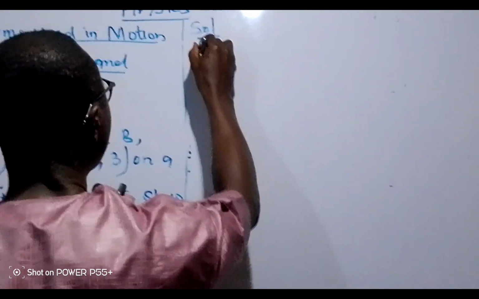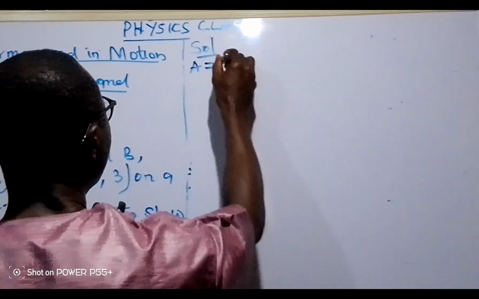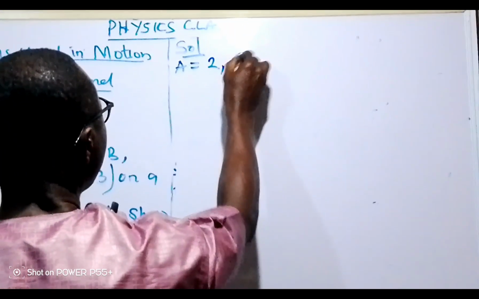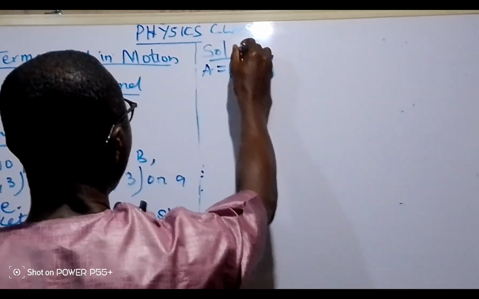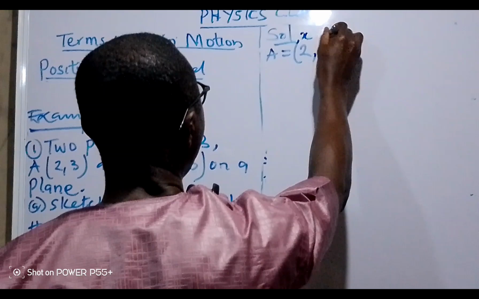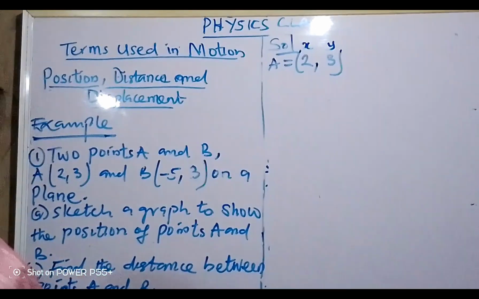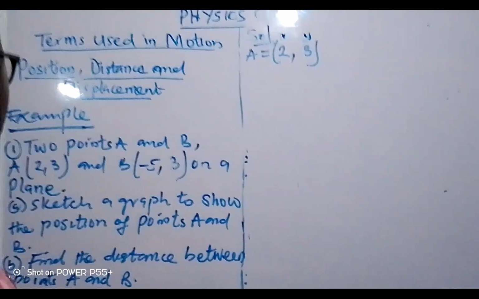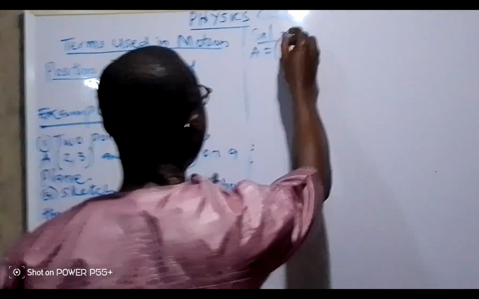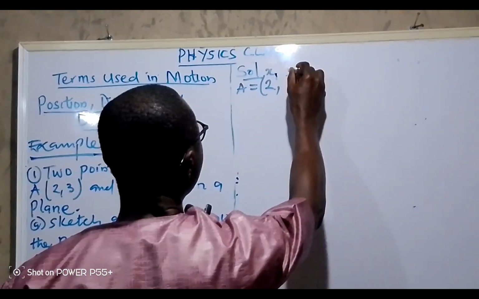According to the question, A is located at (2, 3). Call this one x and y. But since this one involves 2 points, that is A and B, call this one x1, y1.